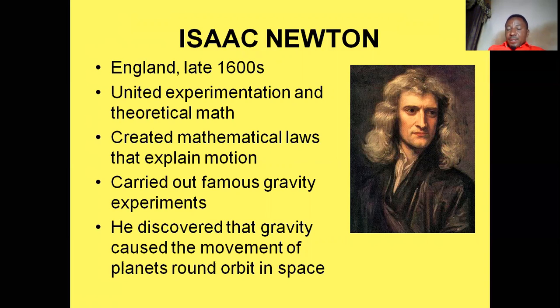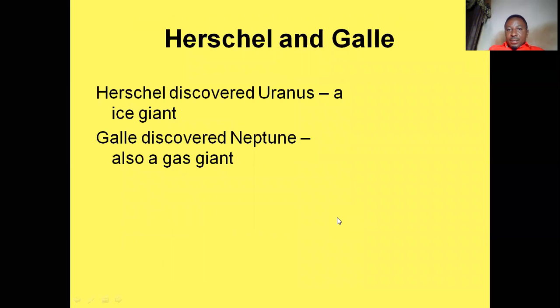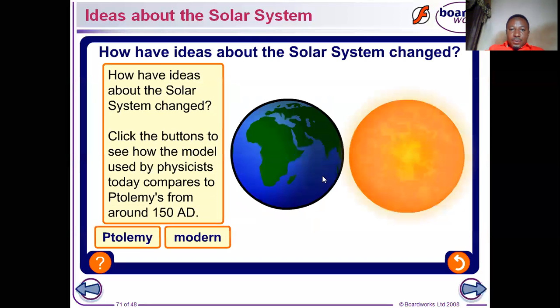So that disproves the previous idea of the geocentric model. Gravity is actually what causes every object to fall towards the center of the Earth. Then we have Herschel and Galle that discovered Uranus, that is an ice giant, and the other one, Neptune. Okay, now let's quickly go through this.